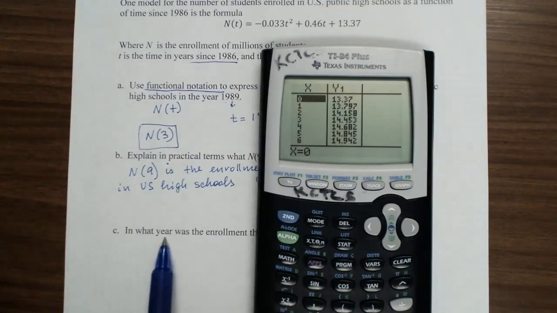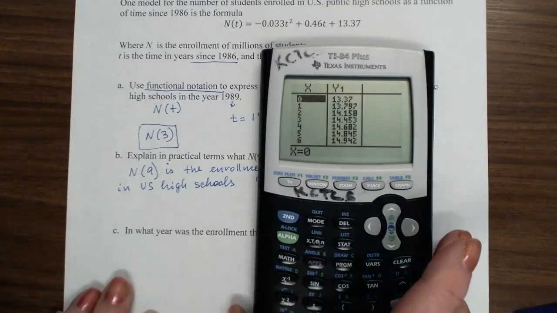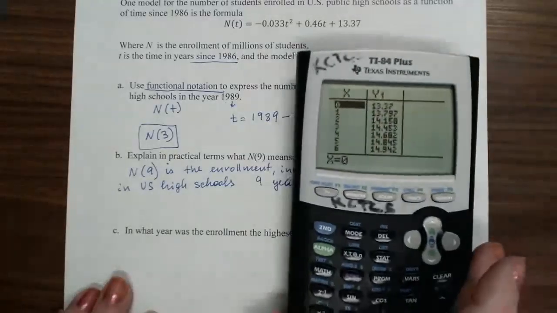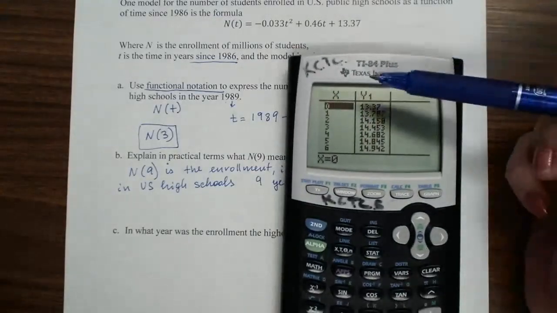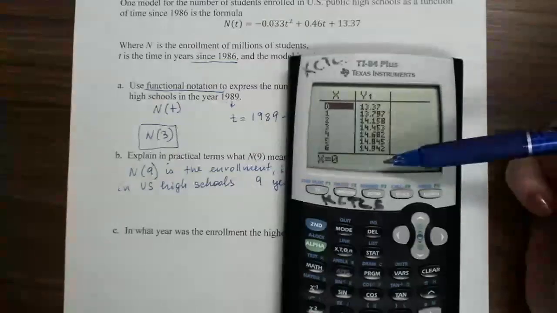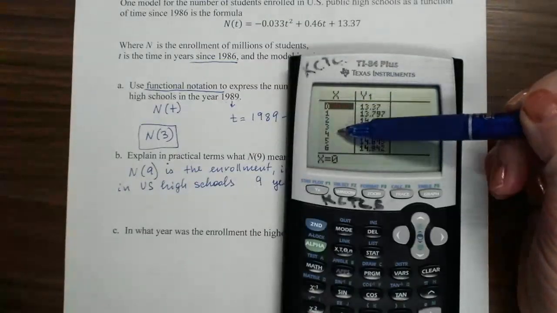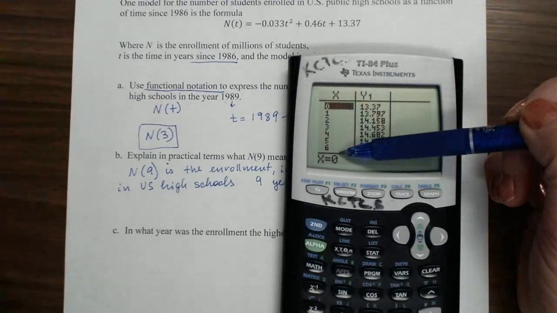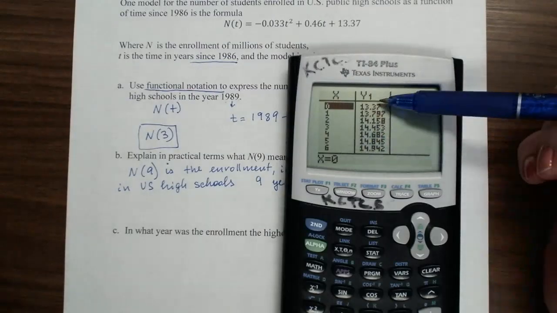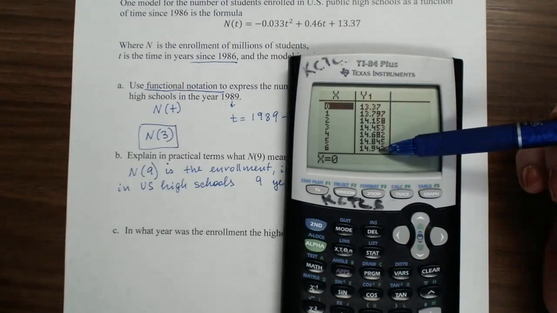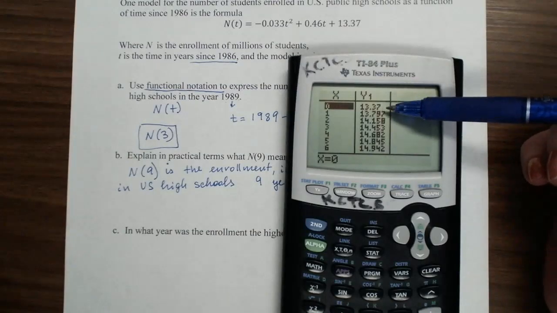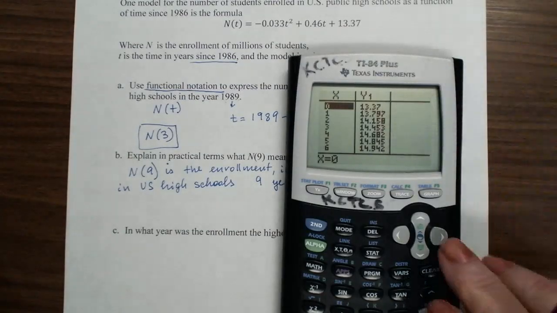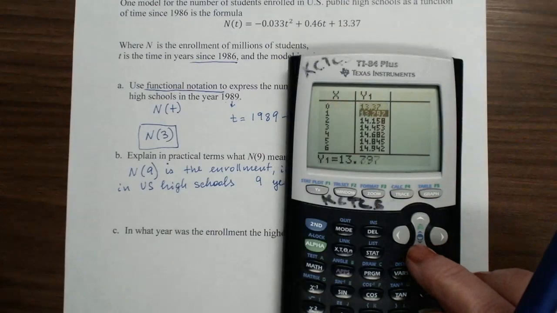Now we need to use this table to answer this question: what is the highest enrollment? Let's understand our table. The left column is years since 1986. The right column is the enrollment, and we need to find the highest number in the enrollment.